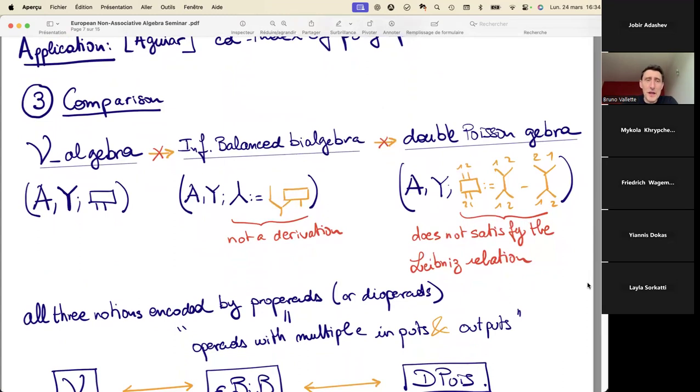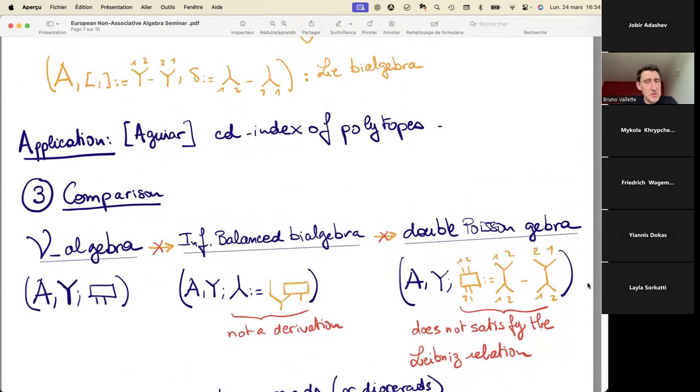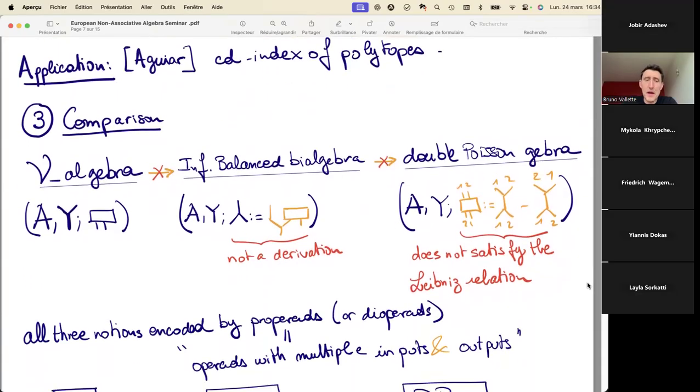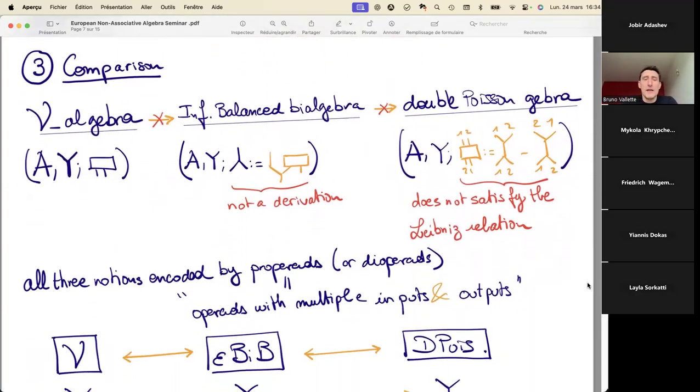Now, how can I say that? If you stay here, you won't see much. So now the idea is to take some further perspective on that. It turns out that there is a theory called operads.